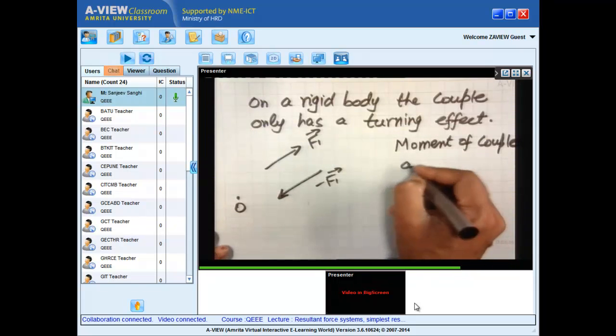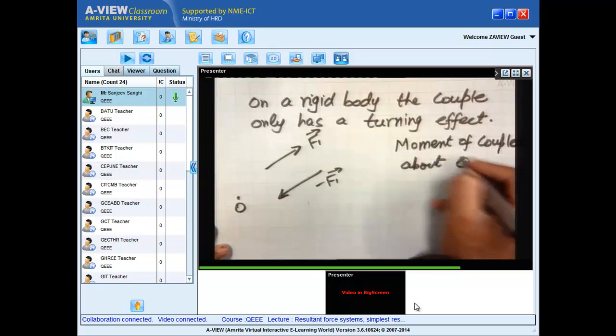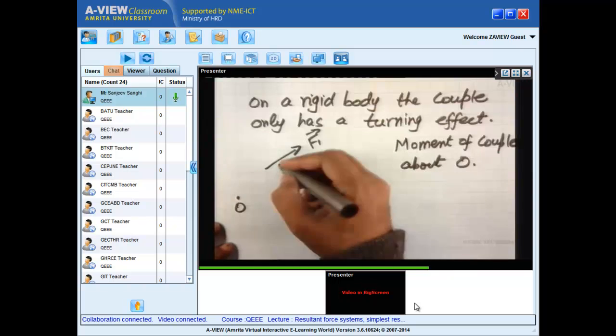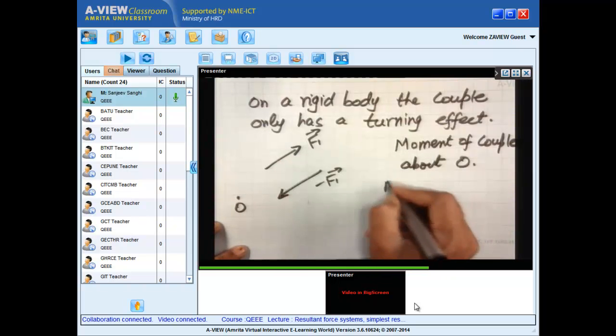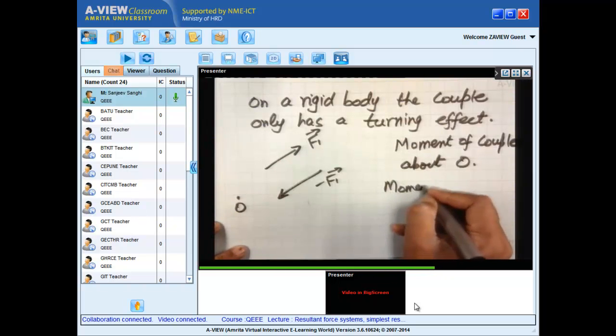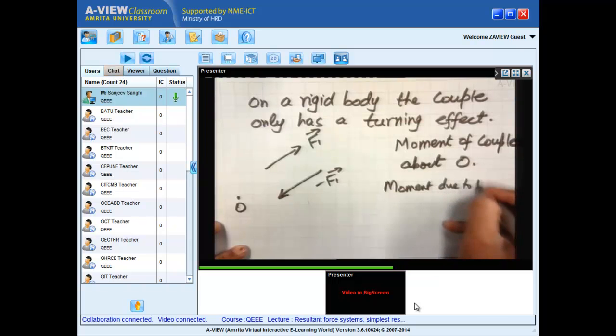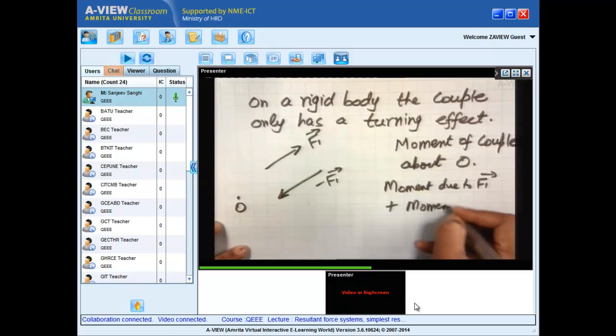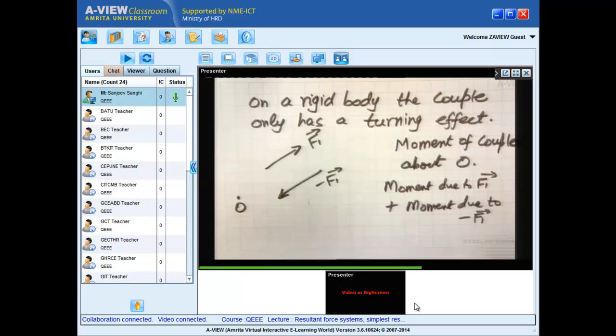We want to find moment of a couple about a point O. So for that, what we do? We have to take moment due to F1 plus the moment due to minus F1. The sum of these two moments will give us the moment of the couple.